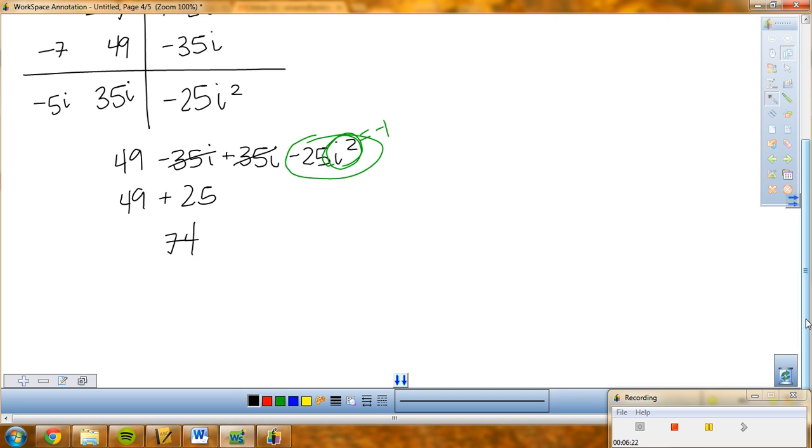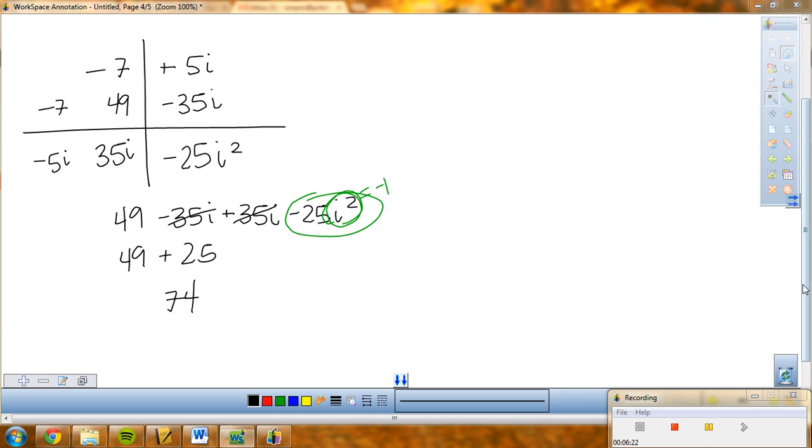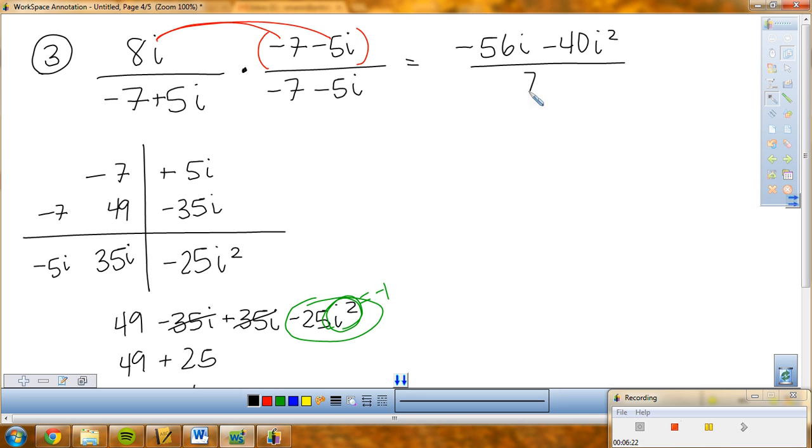So that becomes my denominator. But I also have to remember that I have my i squared up here as well. So to change that, this is my negative 1. Negative 1 times negative 40 is going to result in the positive 40 over 74.